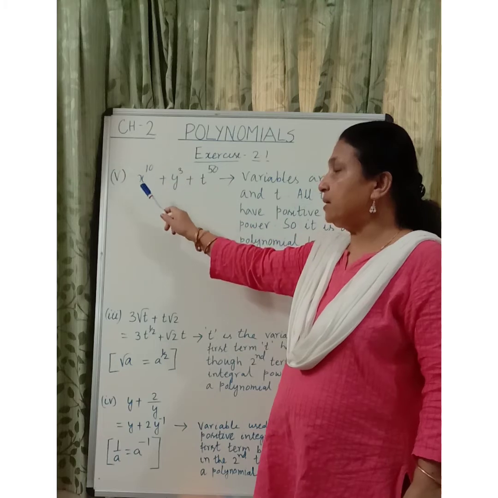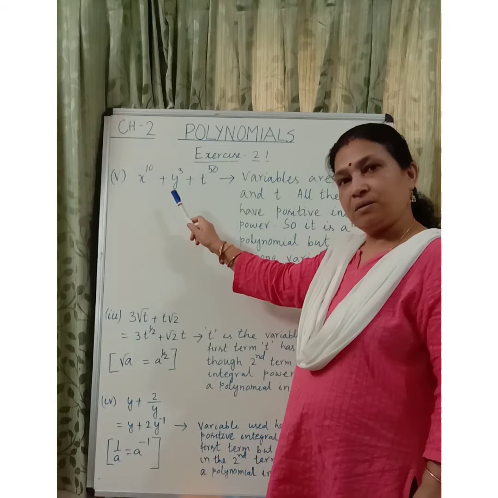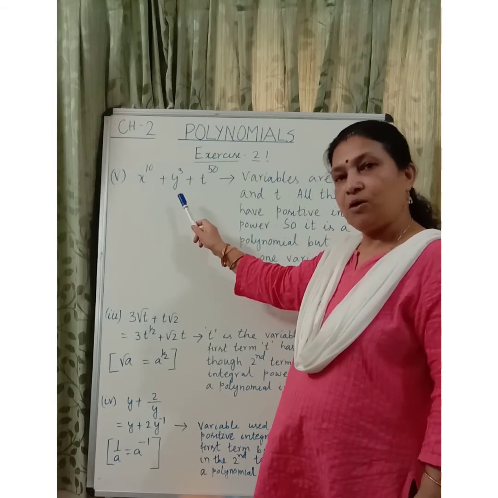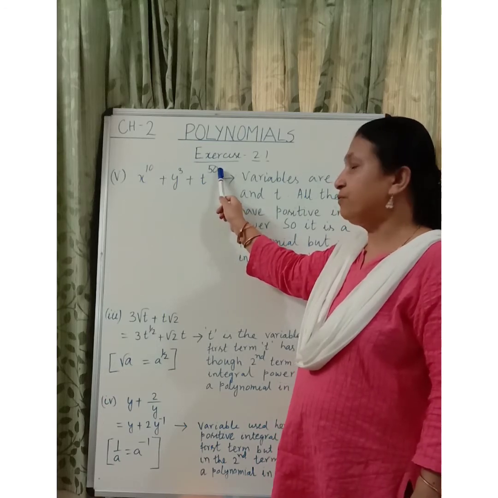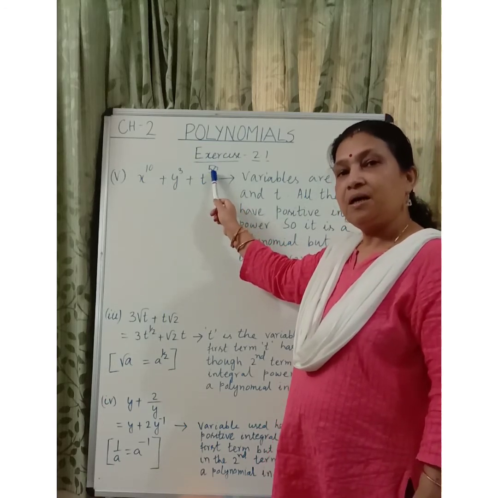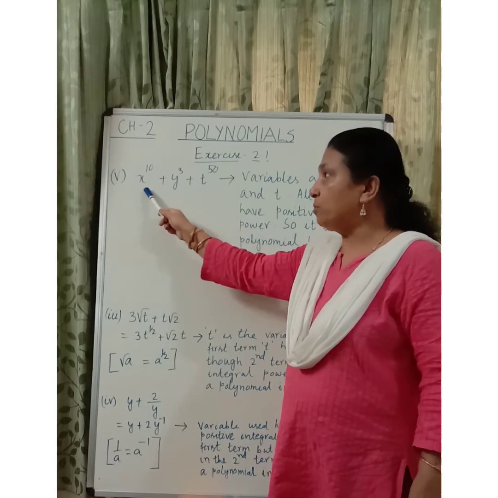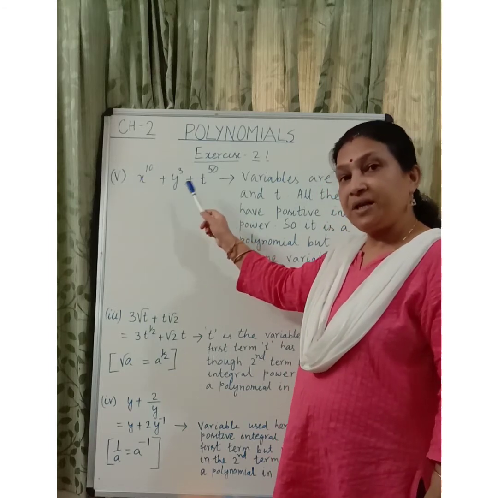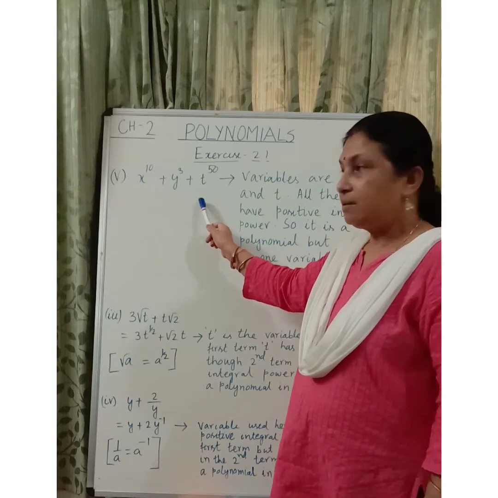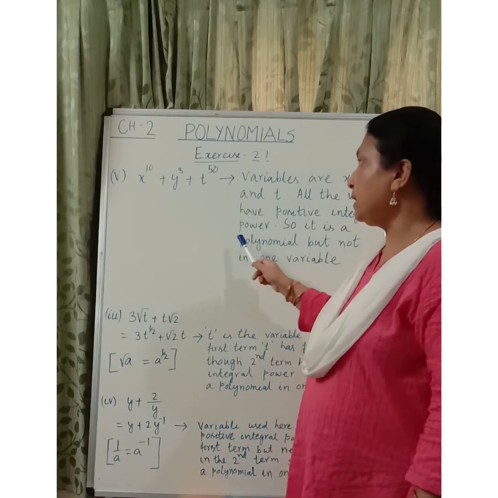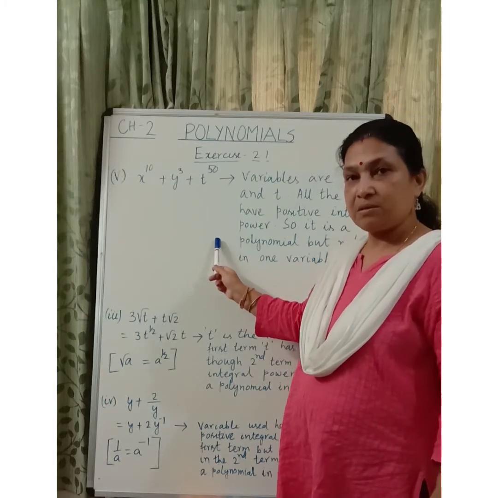X has power 10, which is a positive whole number. Y has power 3, that is also a positive whole number or positive integral number. And t has power 50. This 50 is also a positive whole number. So this expression is a polynomial as the variables have the positive integral power. But it is not a polynomial in one variable. It is a polynomial in three variables.